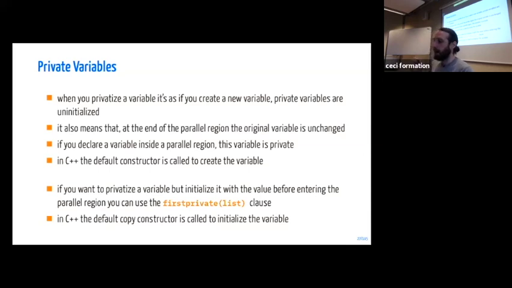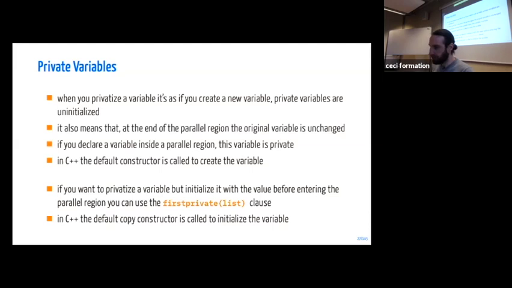And it also means that this value disappears at the end of the parallel region, and that the original variable is unchanged. Everything that you do on a private variable inside of the parallel region stays in the parallel region, and it's not kept at the end. So the original variable that was defined before and then privatized in the region is unchanged.